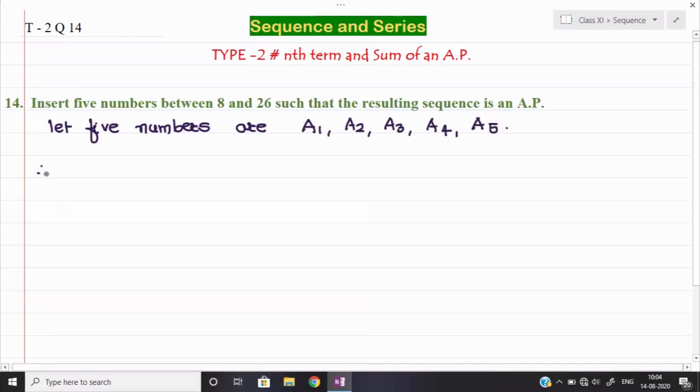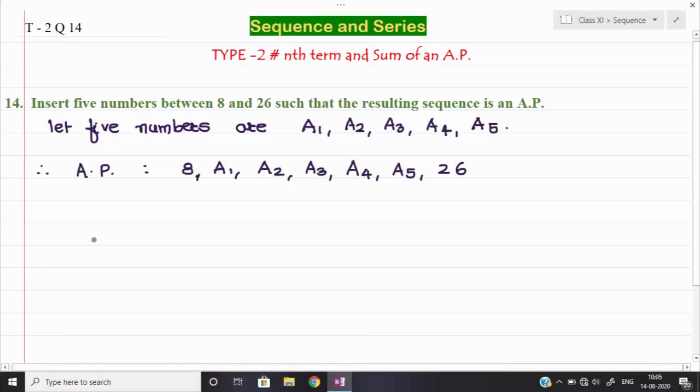So what can the AP be? Because we are supposing these numbers will be in AP. So my sequence will be 8, A1, A2, A3, A4, A5, and at last comes 26. Between 8 and 26 we are inserting numbers in such a way that they are in AP. So by default we suppose they are in AP, and we shall find the values so that they form an AP.